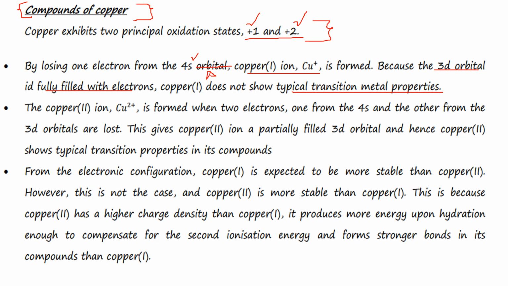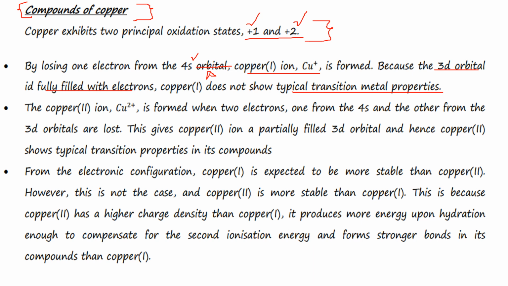For transition metals to exhibit their properties, they must have a partially filled 3d sub-energy level. So if the copper 1 ion has a fully filled 3d sub-energy level, it is not going to show the typical transition metal properties.